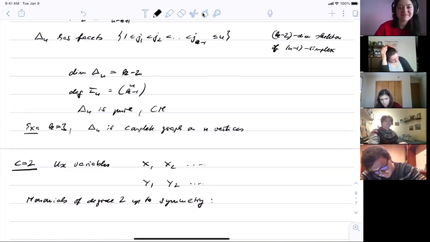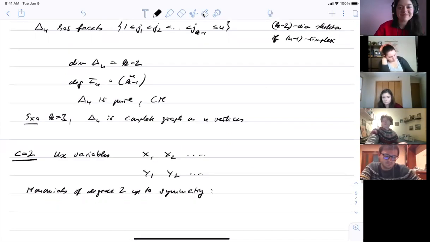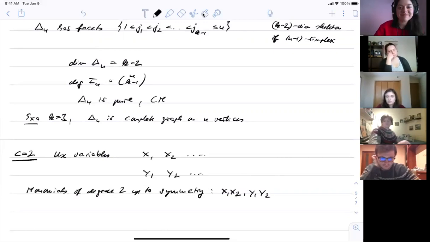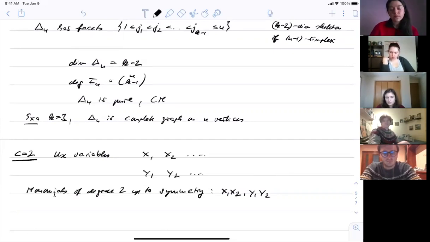Well, we have seen a recipe before. x1, x2 is certainly one. Analogously, y1, y2. Are there others? Should have opened the chat. x1, y1, for example.